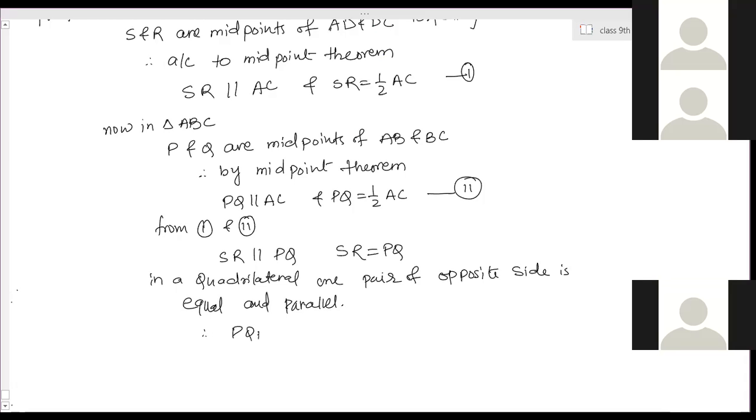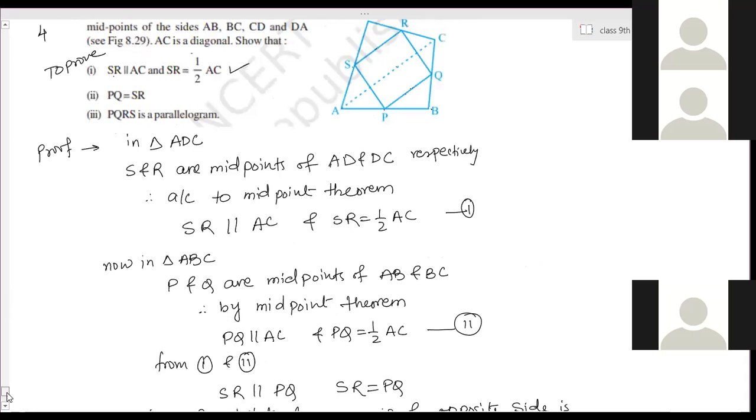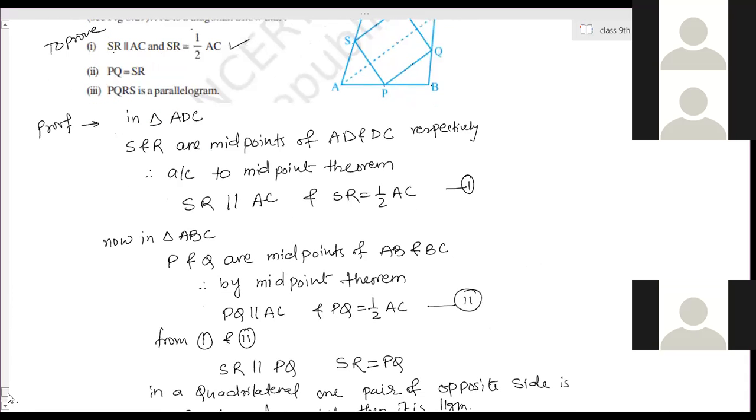Therefore, PQRS is a parallelogram. Clear? Yes, ma'am. This exercise is very easy if you understand the midpoint theorem and converse midpoint theorem properly.